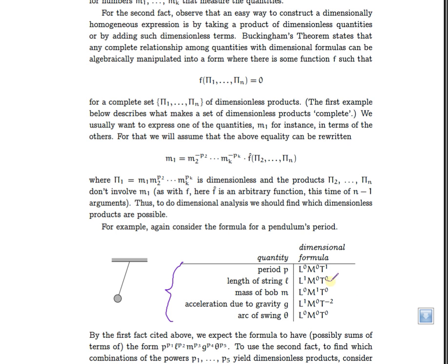So I'm going to have the period depend on g over L. Now, the problem is that g over L, if you work out the units, gives me L to the 0, M to the 0, T to the minus 2. Okay. If I want to get the period, which is T, I'm going to have to take g over L to the minus 1/2.